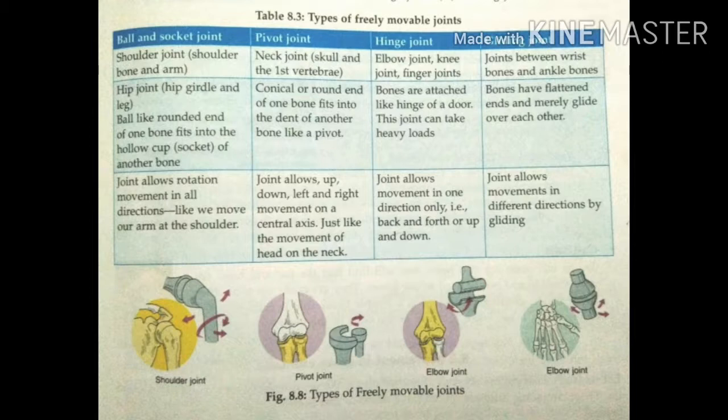Next point, ball and socket joint, the hip joint. This one is present in the hip, between the hip girdle and leg. So we call it a hip joint.